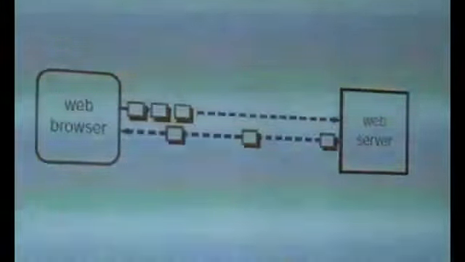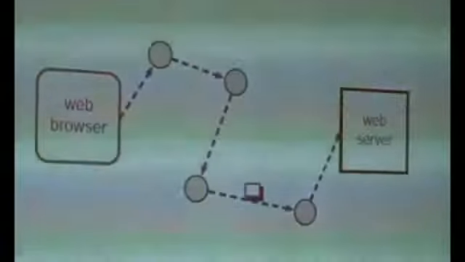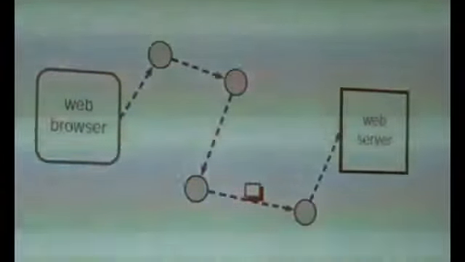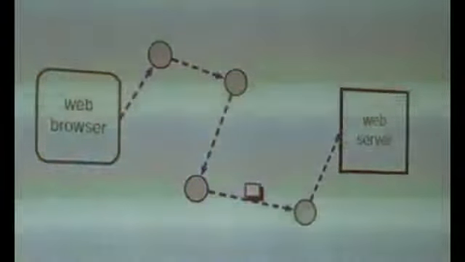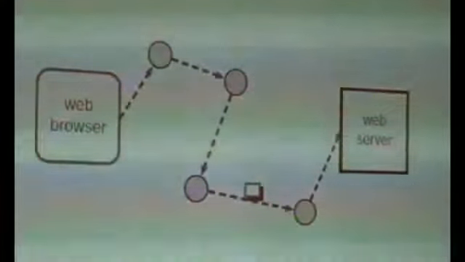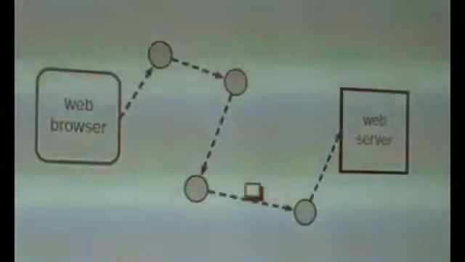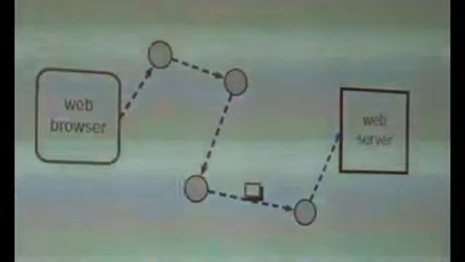Actually, that's not the situation. The situation is even more complicated. There isn't a single wire that connects. The computer is connected to another computer, usually called a switch or a router, and that router is connected to another router, and that router is connected to another router, and all the way through.